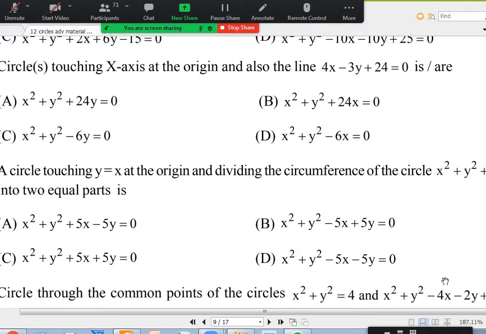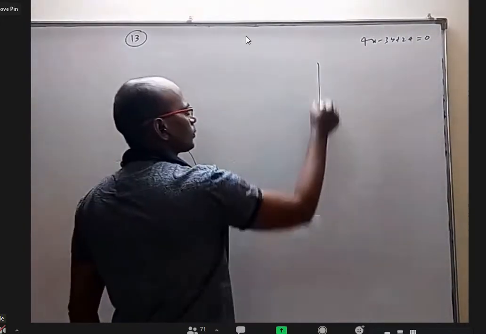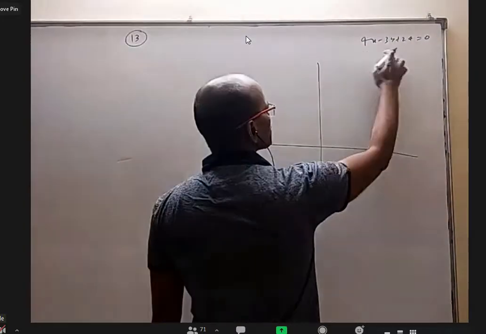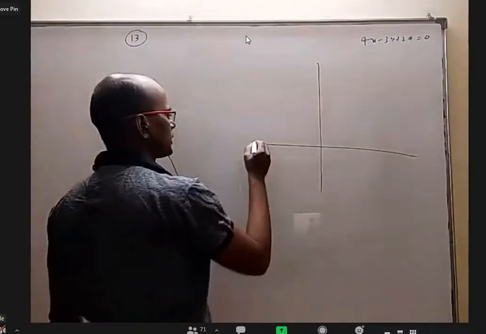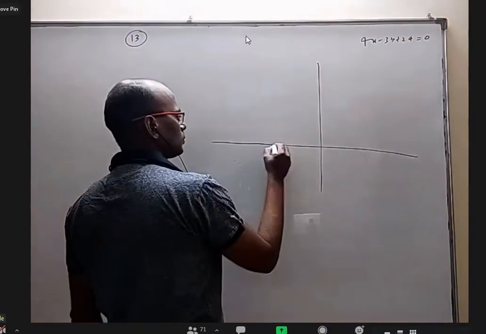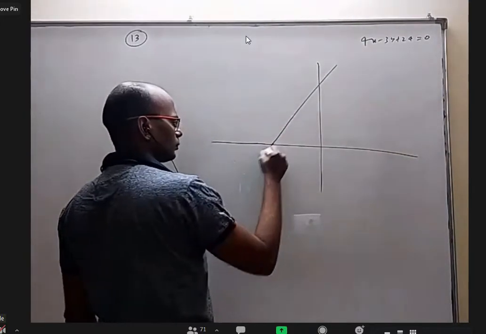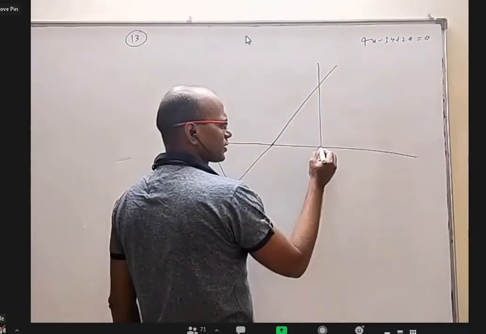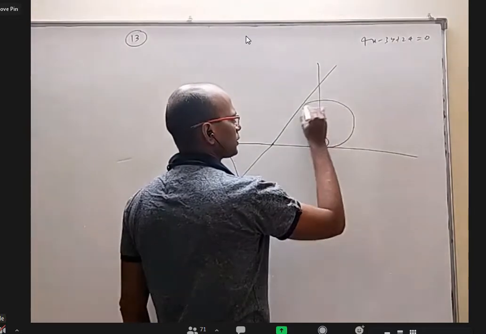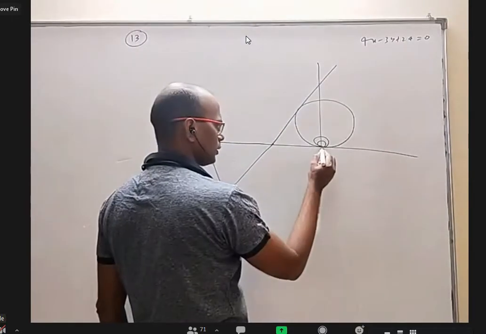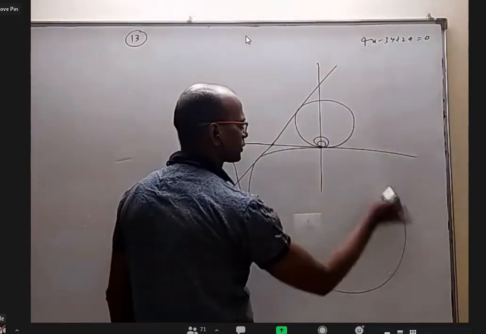Touching x-axis at origin. For this line 4x minus 3y plus 24 equal to 0, x-intercept is minus 6 and y-intercept is 8. So it will be like this. So touching x-axis at origin, there are a lot of circles like this, but a particular circle can be like this and another particular circle will be like this.